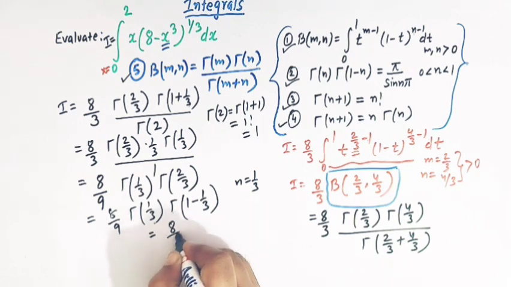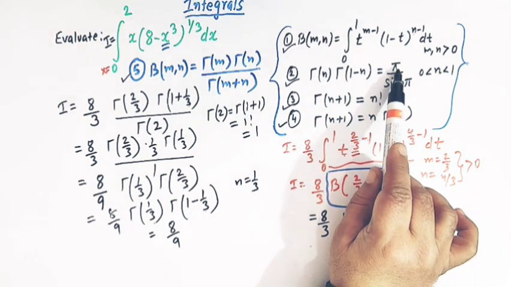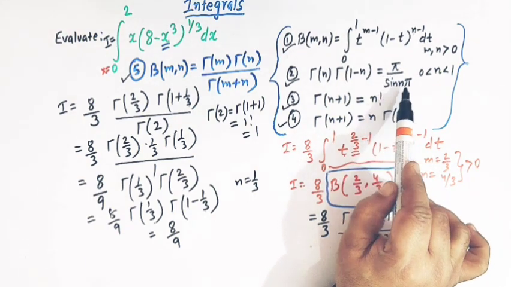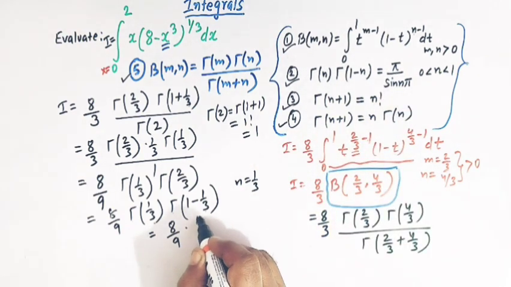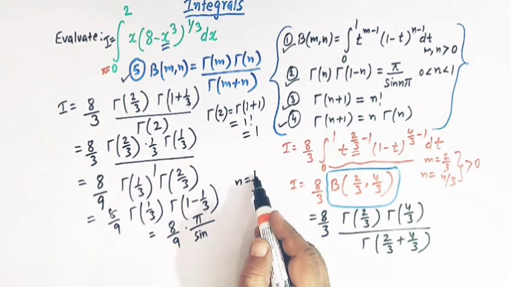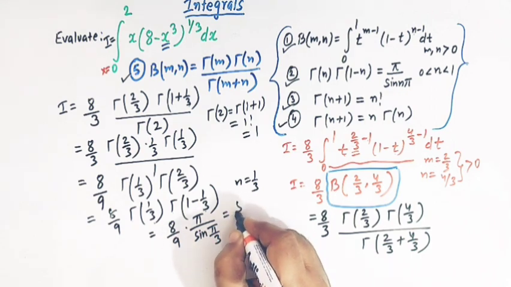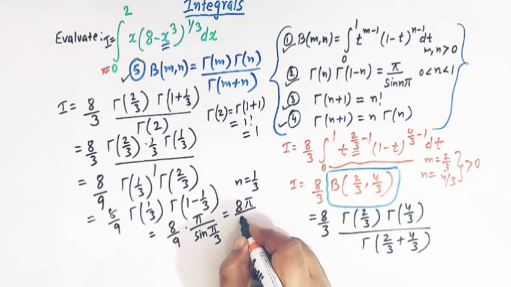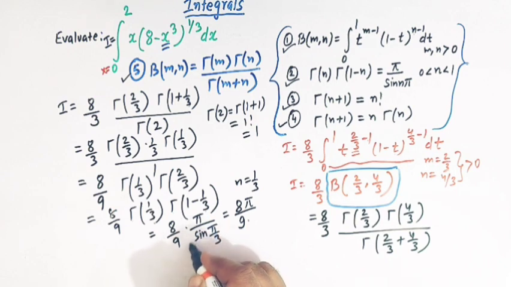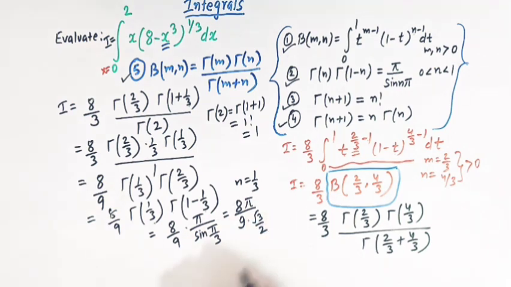So here we have 8 by 9, and this expression is now equal to pi divided by sine n pi. n is 1 over 3, so we have pi by 3. So this is 8 pi, and here we have 9. Sine pi by 3 is sine 60 degrees, which is square root of 3 over 2, right?